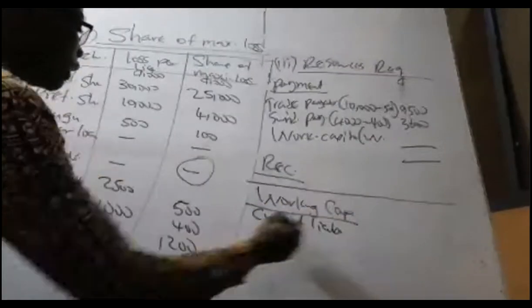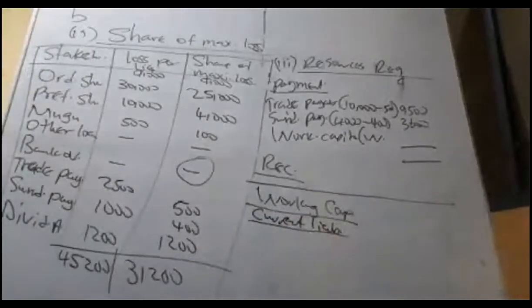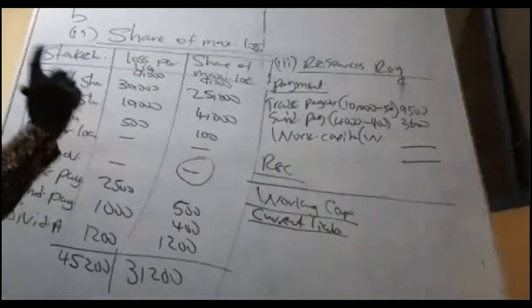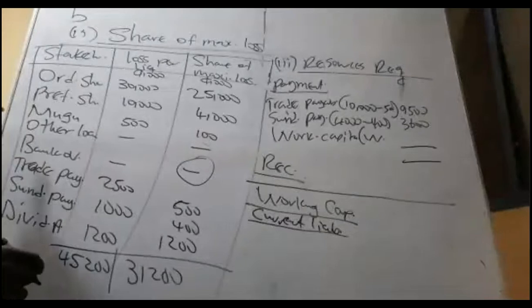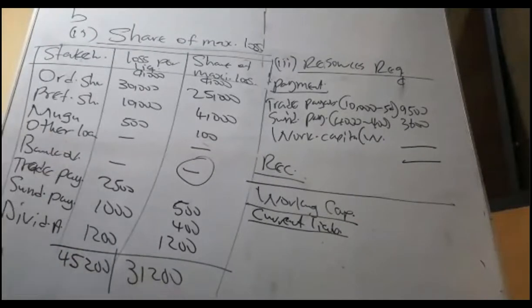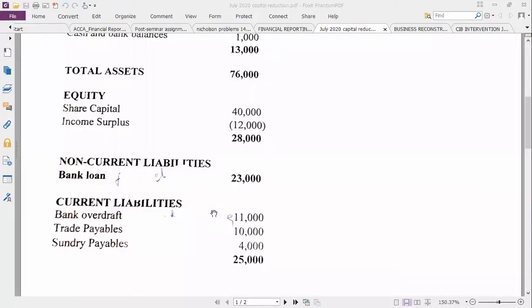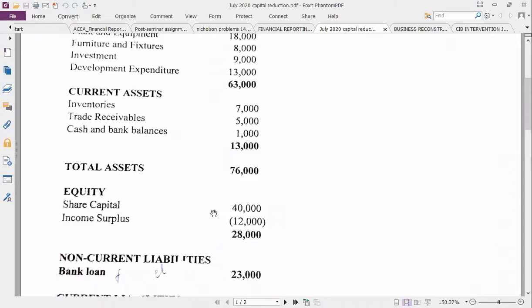In the new business, we said that we should pay all current liability except one. So that means in the new business, it's left with only bank overdraft, which is 11,000. That's the only thing left.